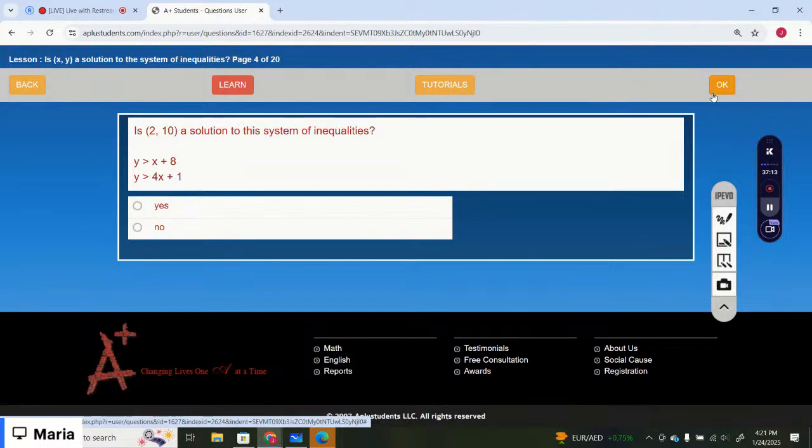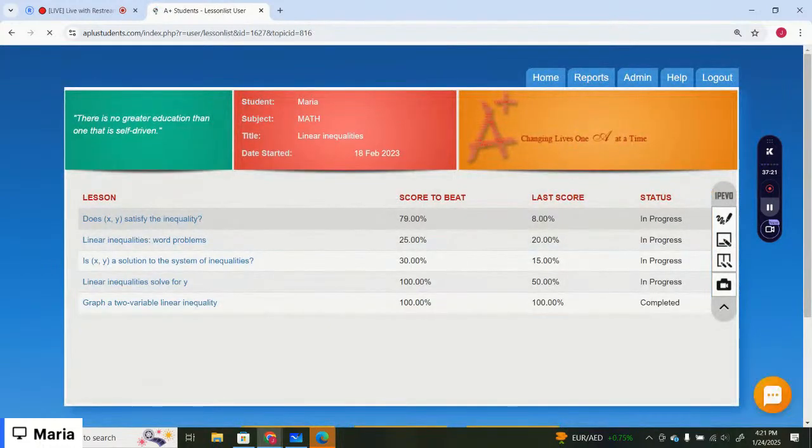So, the correct option is no. Okay, you can complete the lesson by yourself later today. Let me just move on to the next lesson. Linear inequalities: solve for y.